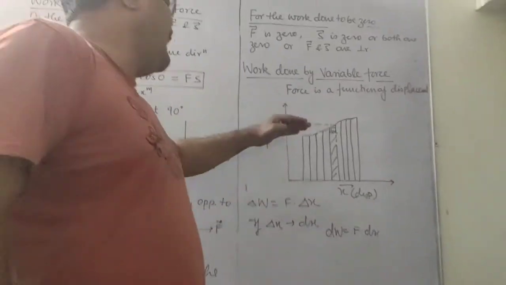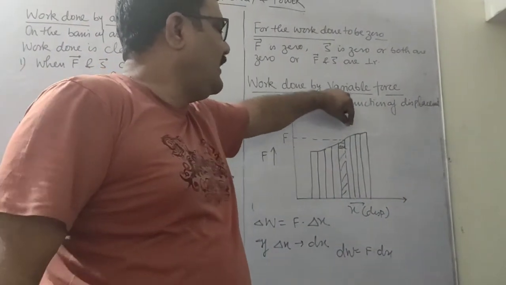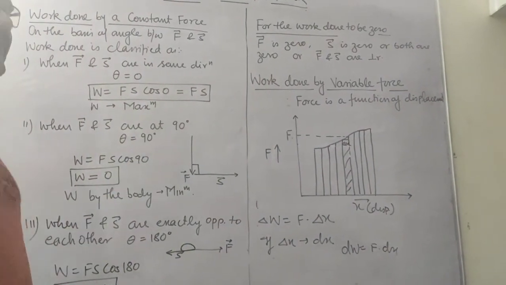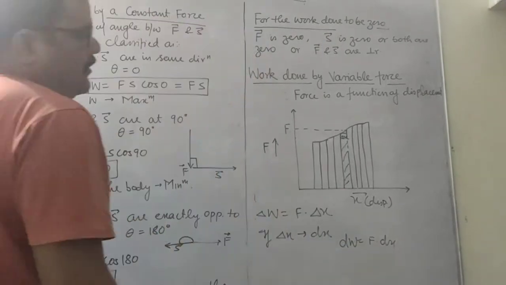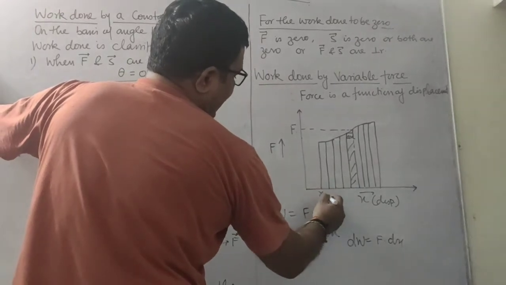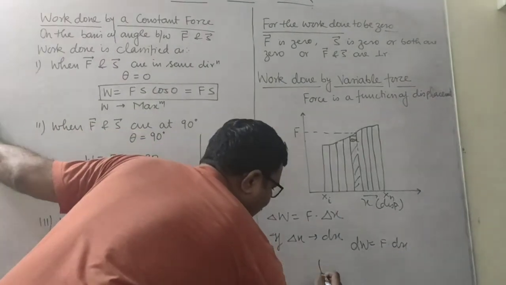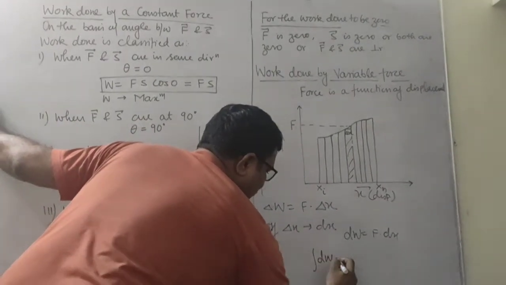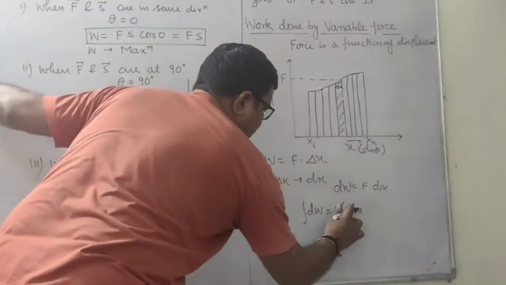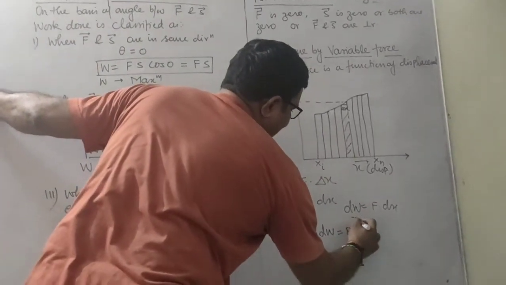Now, because I have divided it in equal parts, considering a small force for every interval, with displacement dx, to find the whole work done in this process starting from xi to xn, we can use this concept, integral of F into dx from xi to xn.